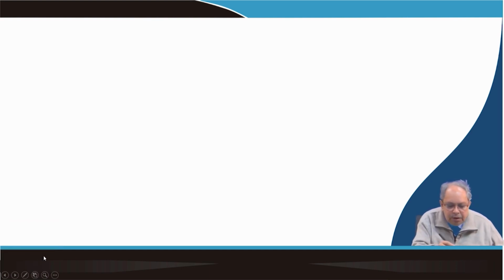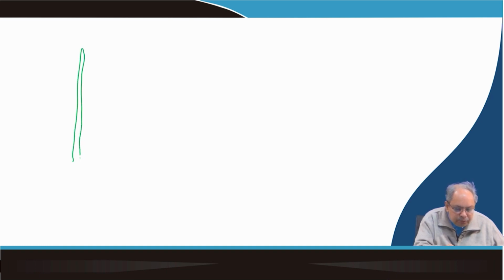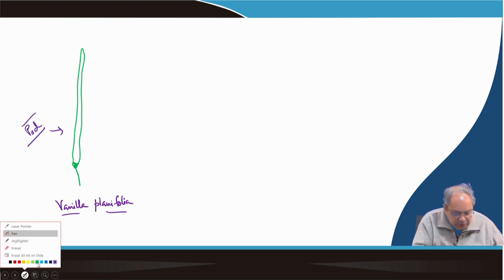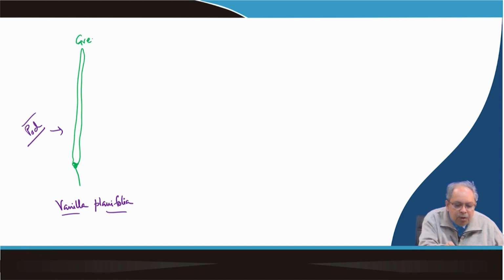Natural vanillin is basically obtained from the ripened fruit of the orchid called Vanilla planifolia. And this fruit is botanically called a pod. So, this is what is shown here. It is a green, or rather young fruit.